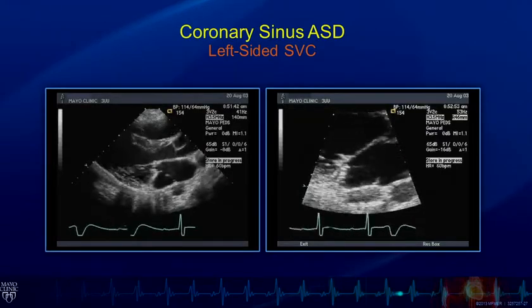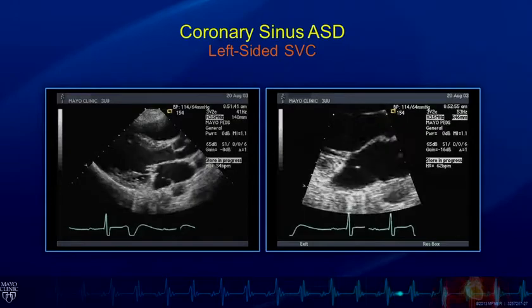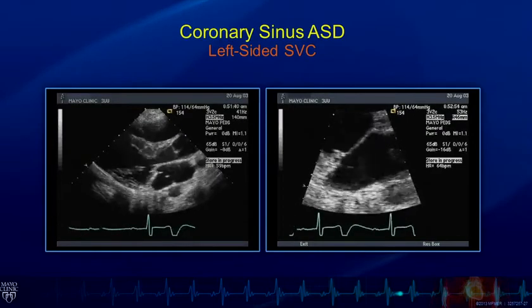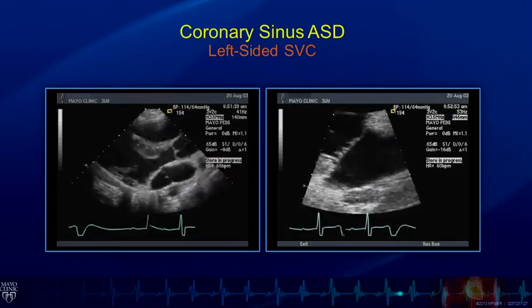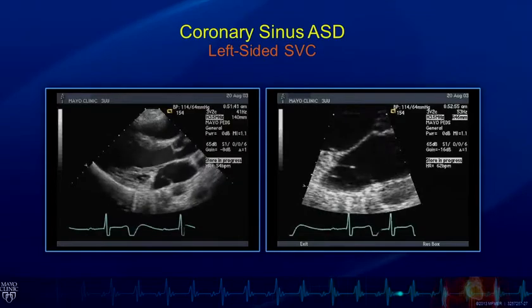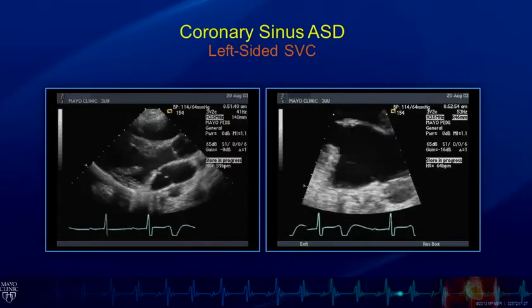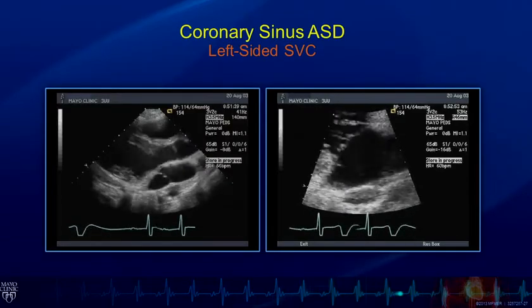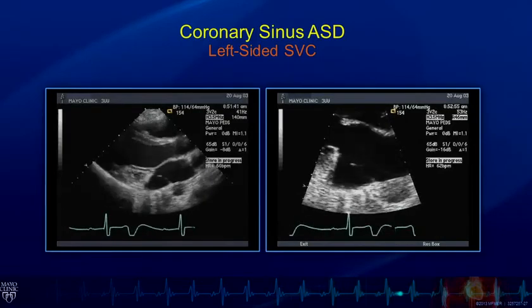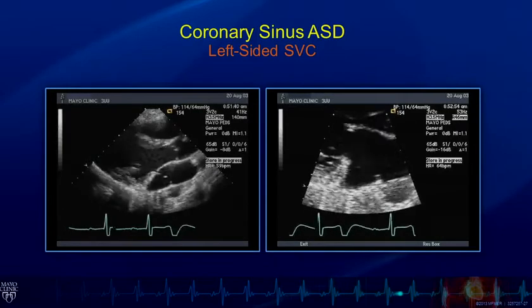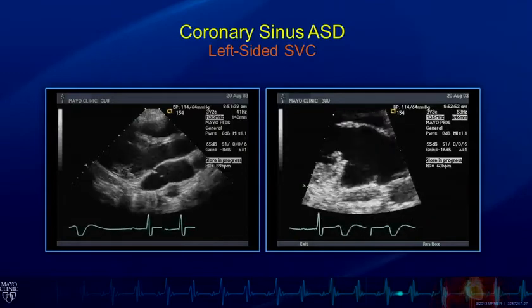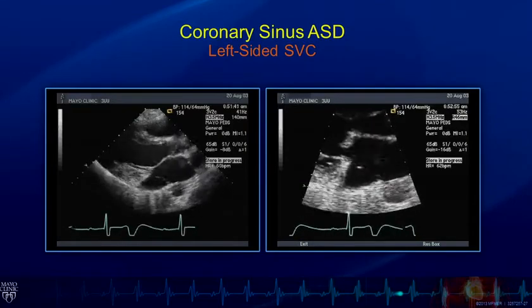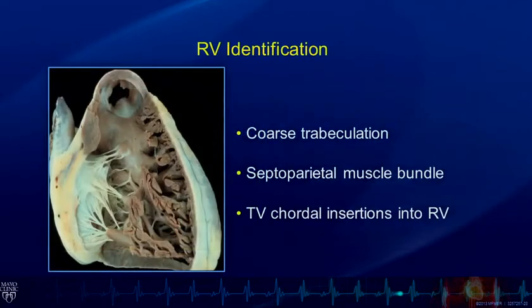So there's a left to right shunt at the level of the coronary sinus. The left atrial pressure is higher than the coronary sinus pressure, and so a shunt occurs at that level, and right heart enlargement occurs. Again, these abnormalities are tricky to identify by transthoracic imaging. A high index of suspicion is required.